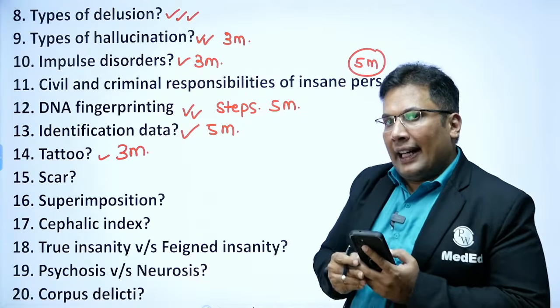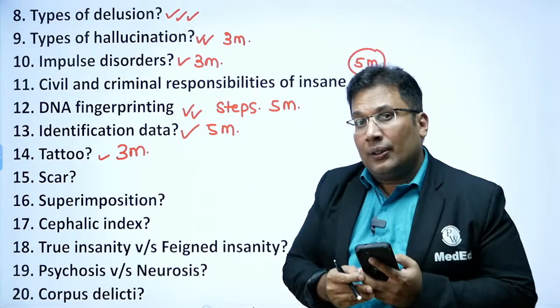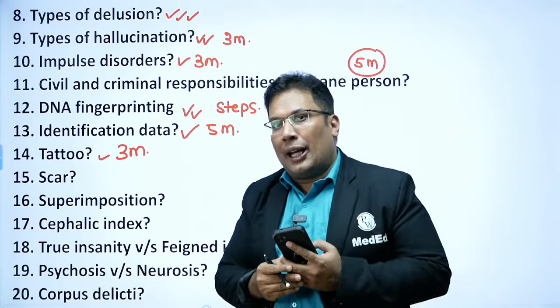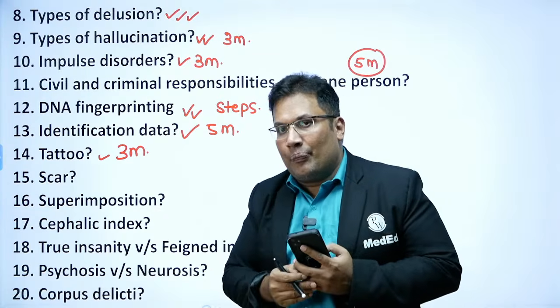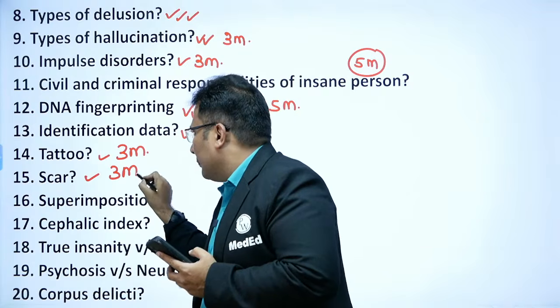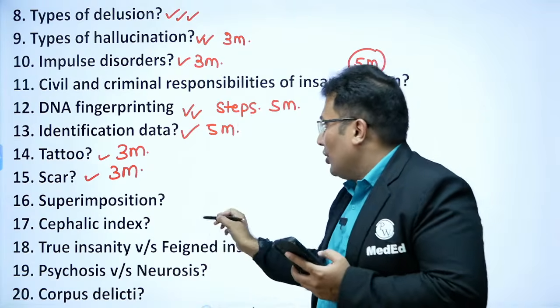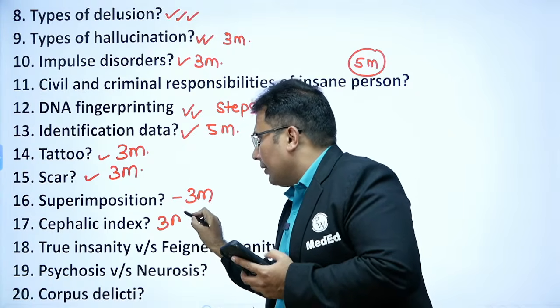Very commonly asked. Tattoo can help you to identify the person: male or female, sometimes religion, or sometimes the personality as well. Scar mark importance, 3 marks question. Superimposition, 3 marks question. Cephalic index, 3 marks question.